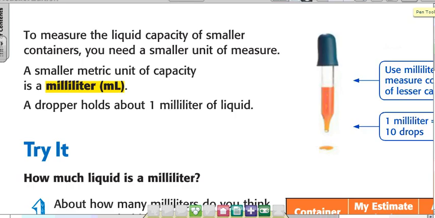Then we also have, to measure the liquid capacity of smaller containers, you need a smaller unit of measure. A smaller metric unit of capacity is a milliliter. And the label for that is a lowercase m and then a capital L. That's milliliters.